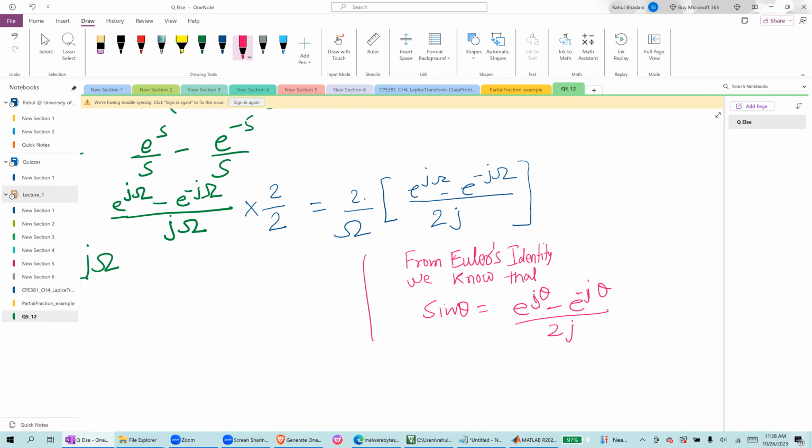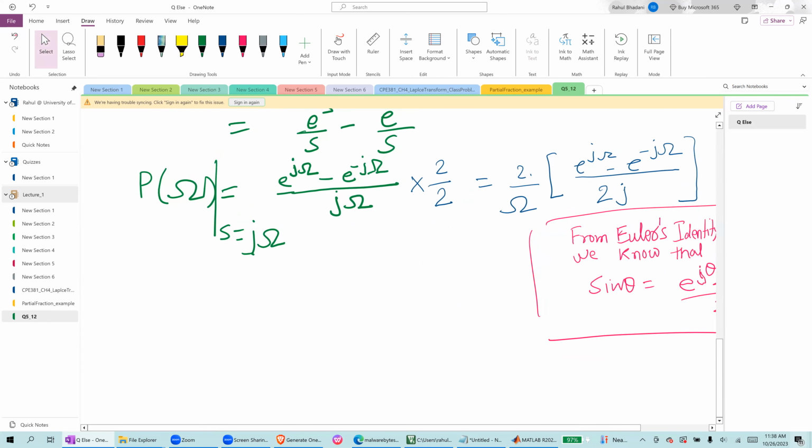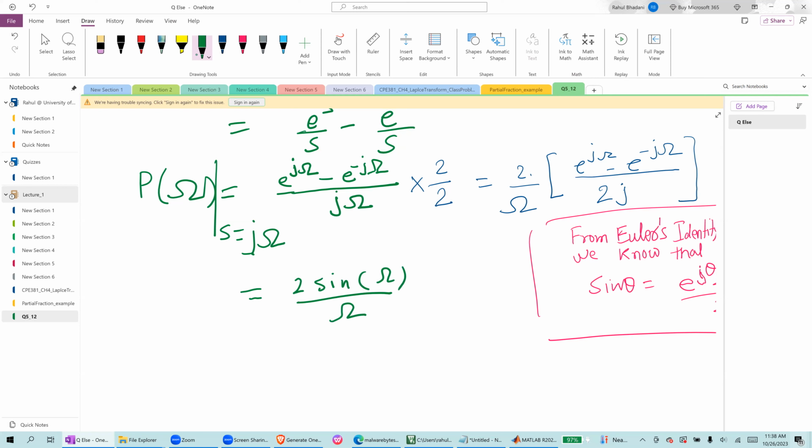So this is what we applied here, and then it becomes 2 sine omega divided by omega.